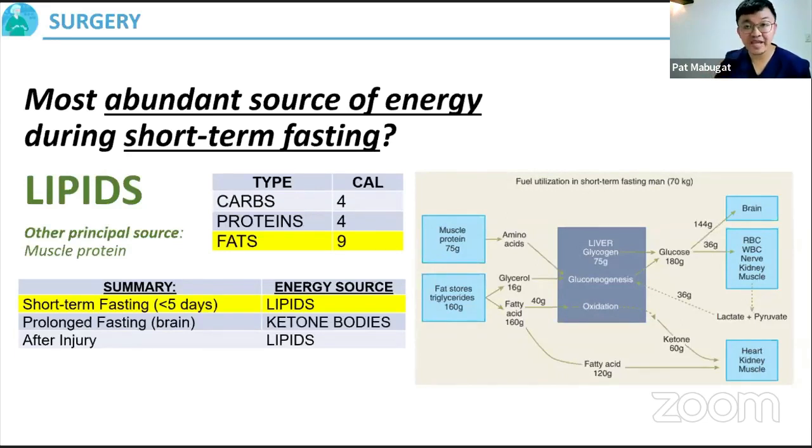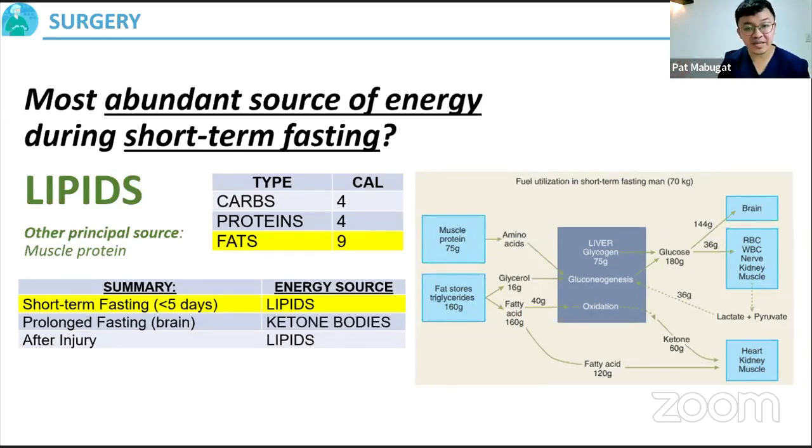And remember, each gram is converted to its respective caloric product. If you review your biochemistry or physiology, carbs and proteins only give 4 kcal per gram, while fats give off 9. So again, the most abundant and most efficient of them all are your fats.